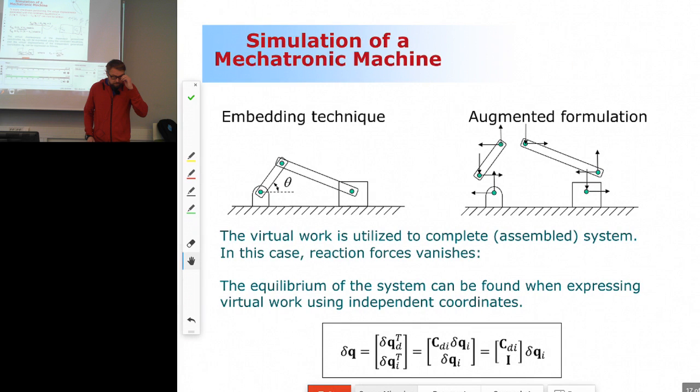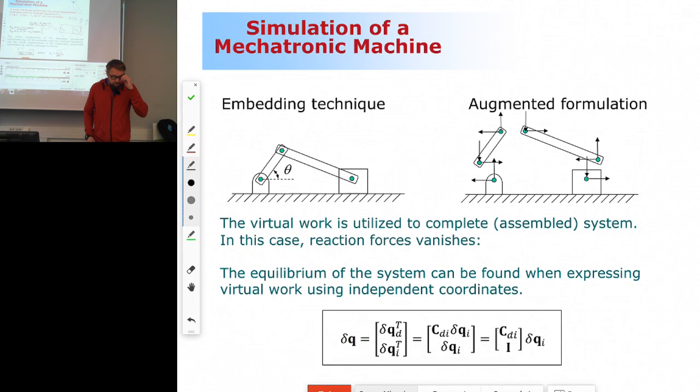now this is the whole big picture. In the embedded technique, we're dealing with only a few coordinates. We have only the independent coordinates that we are solving. Others we can solve as a post-processing technique. Whereas in the augmented formulation we have all the coordinates plus reaction forces. So they are conceptually very different.